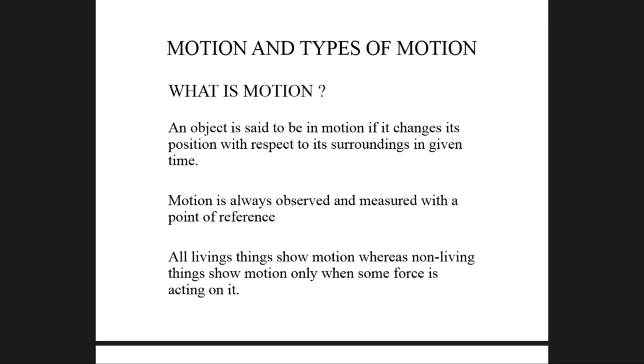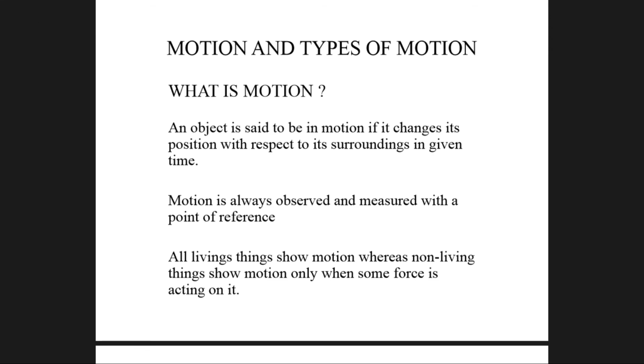The movement of an object, the movement of anything from one place to another place with respect to time and with respect to its surroundings, is called motion. Motion is always observed and measured with a point of reference. The door was at one point and we moved it to another point to close it.